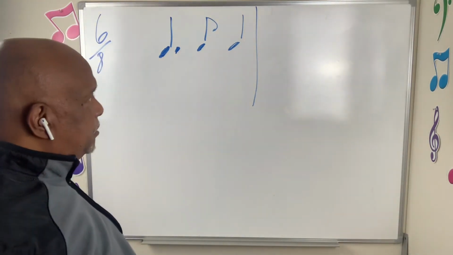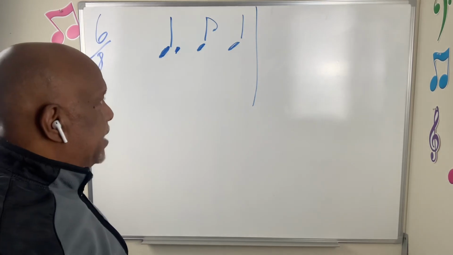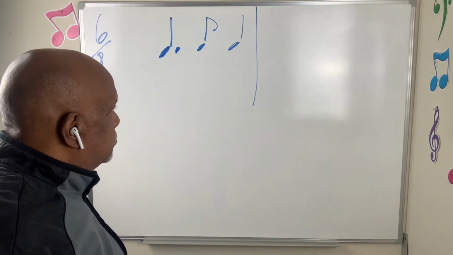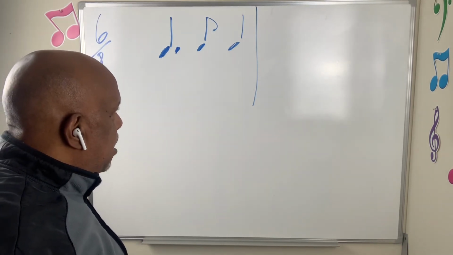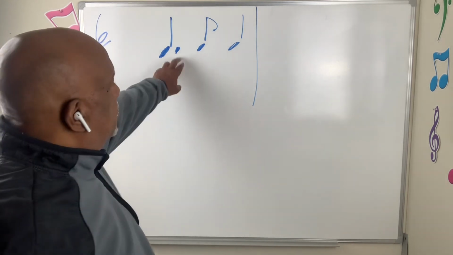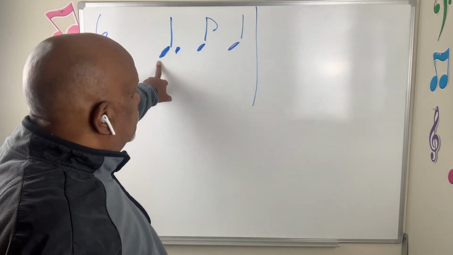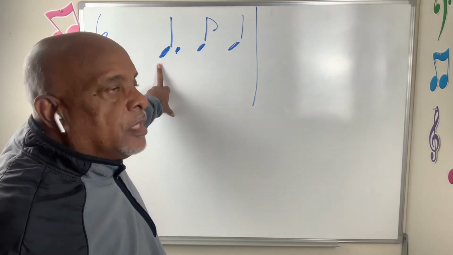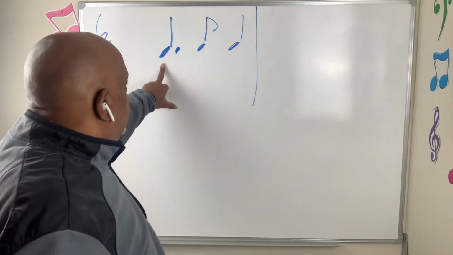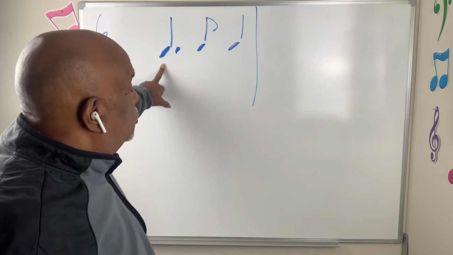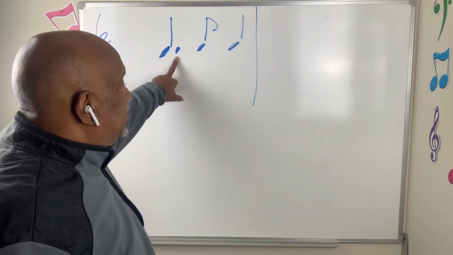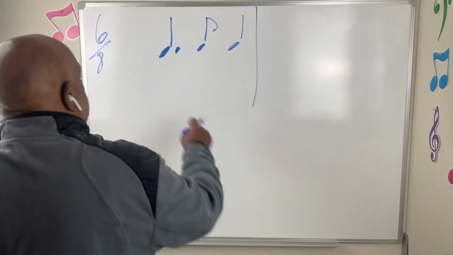Now, is that 6 beats in that measure in 6/8 time? All right. Now, remember what we said about the dot. The dot gets half the value of the note that is behind. So if in 6/8 time the quarter note gets 2 beats, that means that dot is going to get 1 beat. So this is going to be 3 beats.